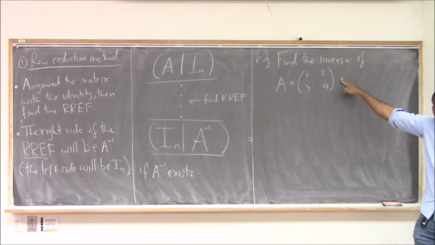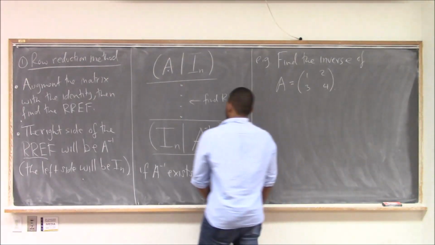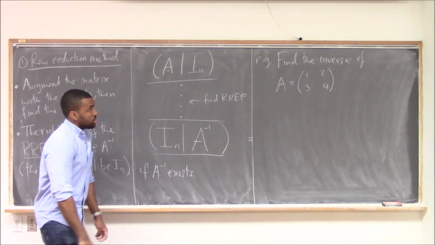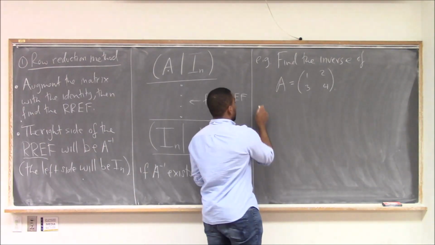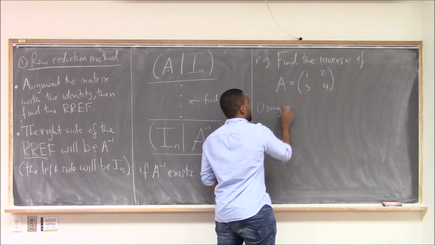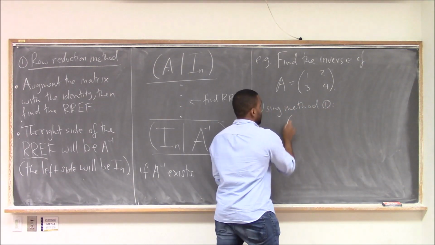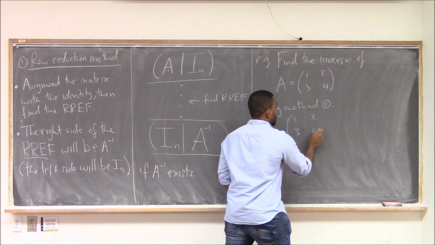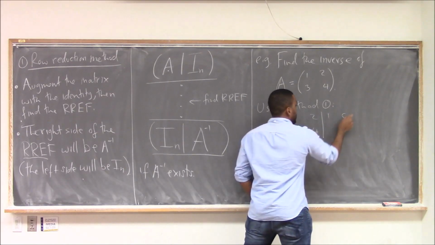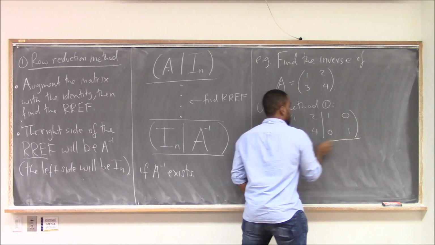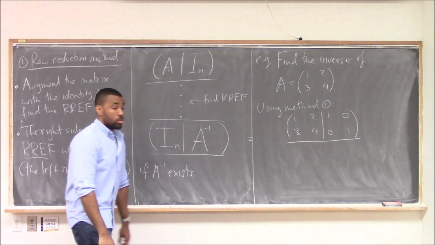But let's do the row reduction method. So what I'm going to do is put 1, 2, 3, 4 right beside the identity, and find the reduced row echelon form.